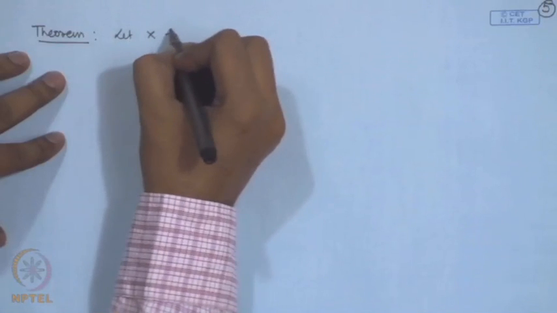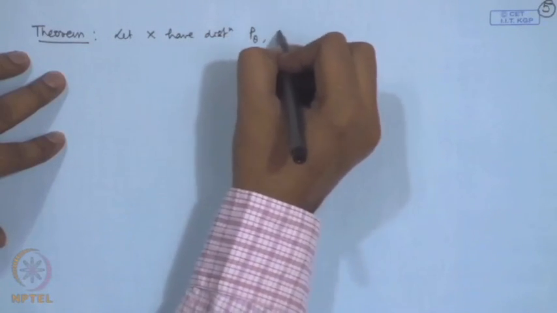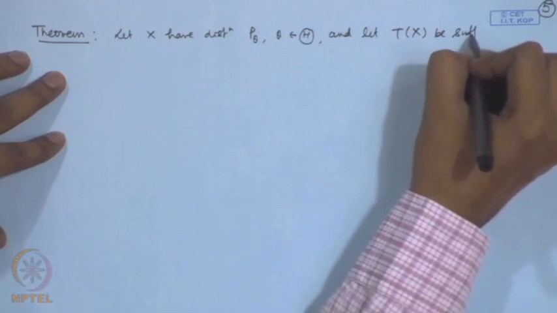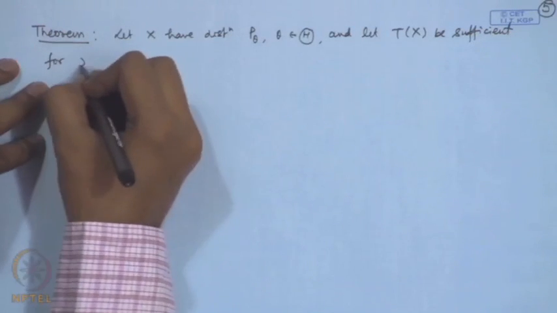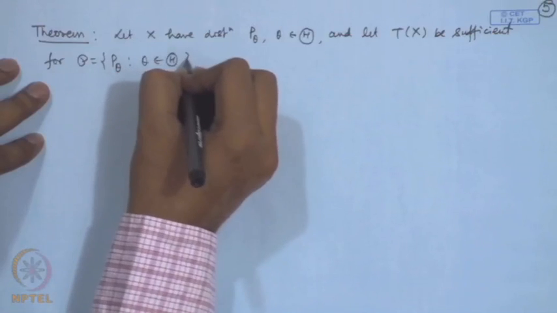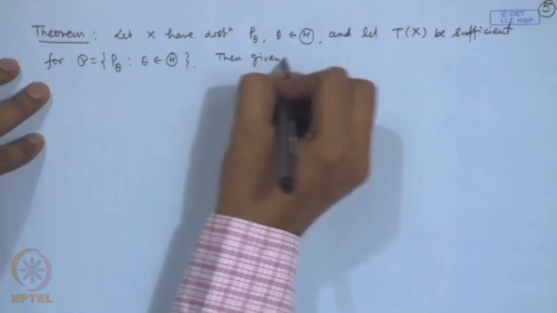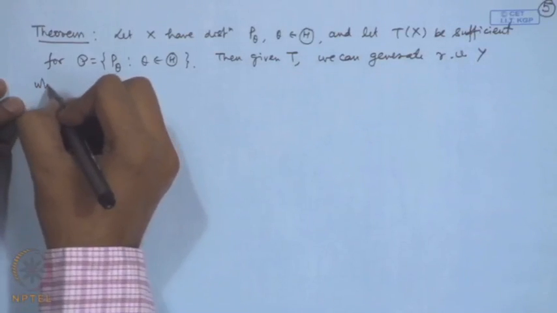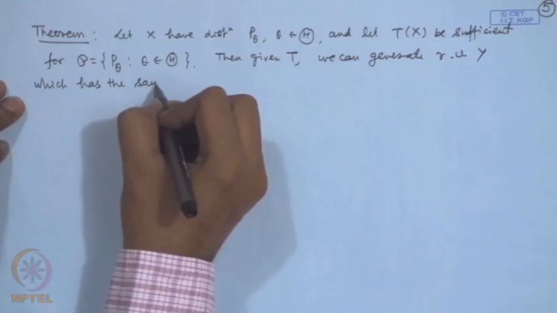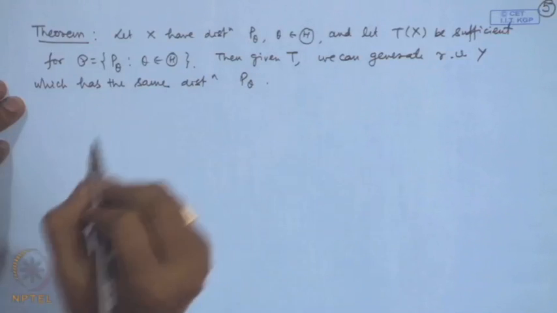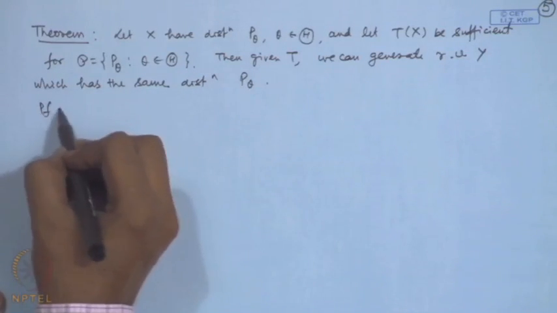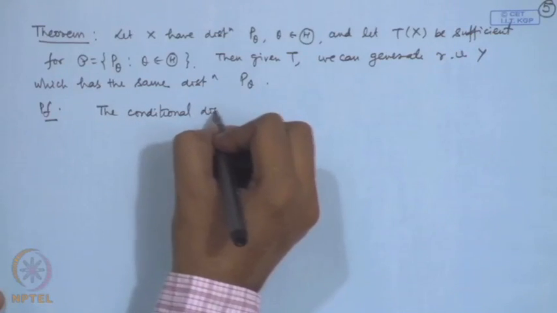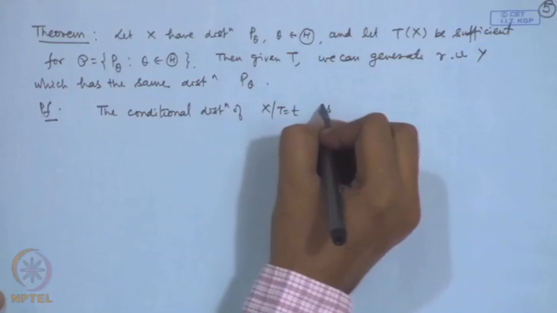So, let X have distribution P theta, theta belonging to script Theta, and let T(X) be sufficient, then given T we can generate a random variable Y which has the same distribution P theta, that is the same distribution as X. So, the conditional distribution of X given T is independent of theta.